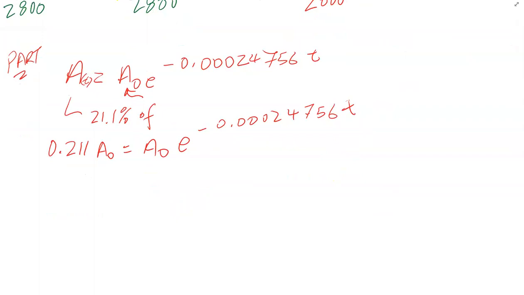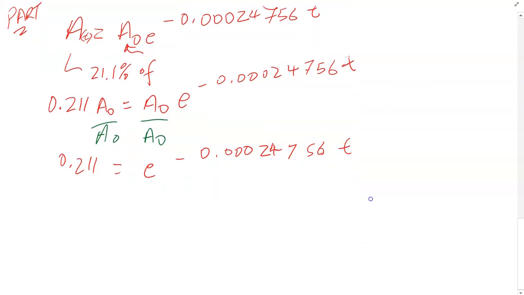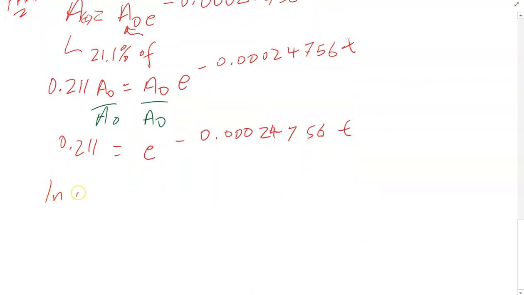If we divide both sides by A sub 0, we have 0.211 is equal to e to the negative 0.000245756t.